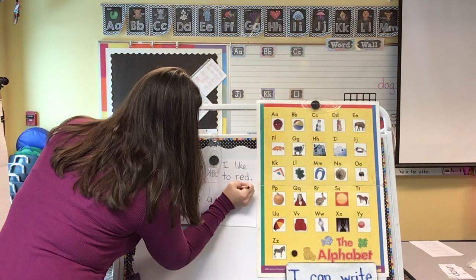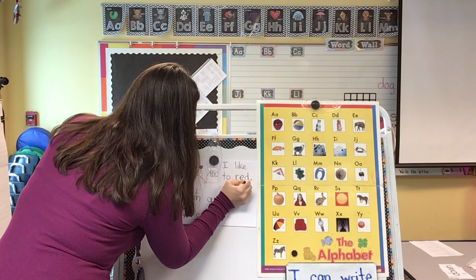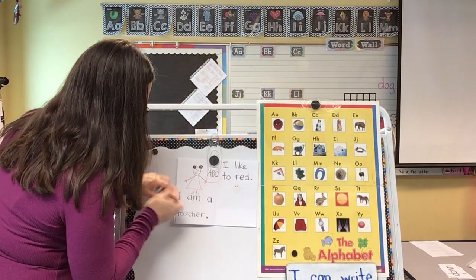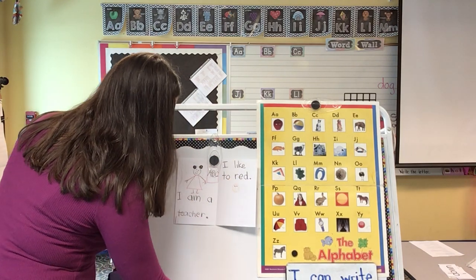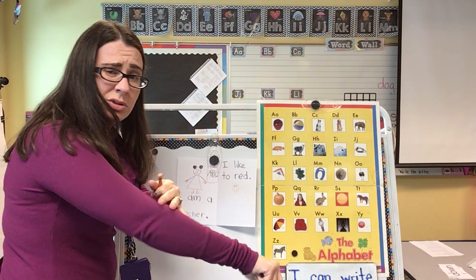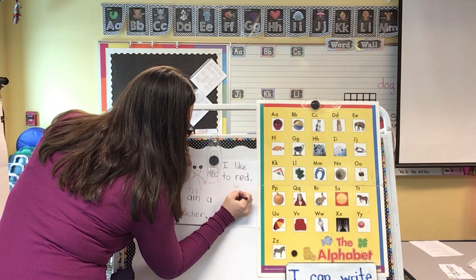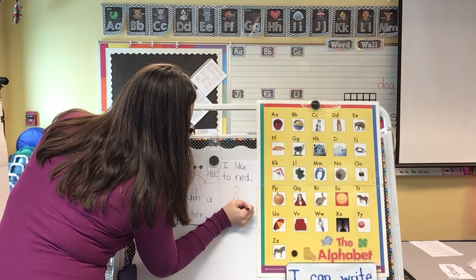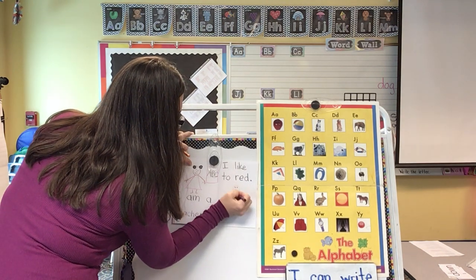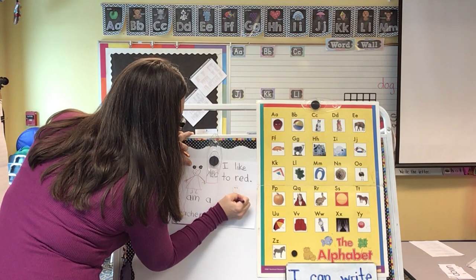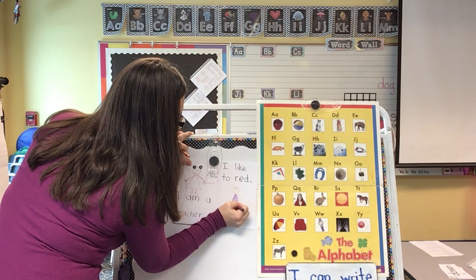You can't really see them very well. There we go. Let's see. I'm wearing a purple dress today, so I'm going to draw a purple dress so it looks just like I look today. So there's my purple dress.